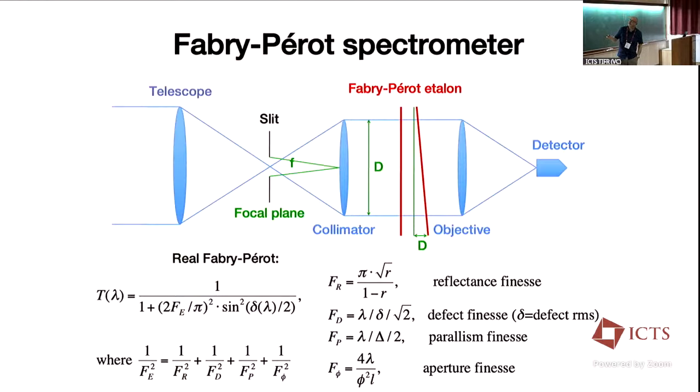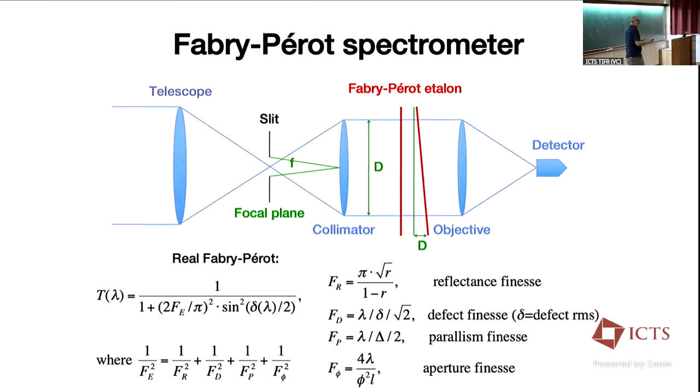There is another effect here: if the slit is not infinitely small, then you will have parallel beams going through with different angles, from here or from here, like that. So you have a beam divergence within the parallel plates. And the distance between the two mirrors is not the same if you enter with an angle or if you enter perpendicular.